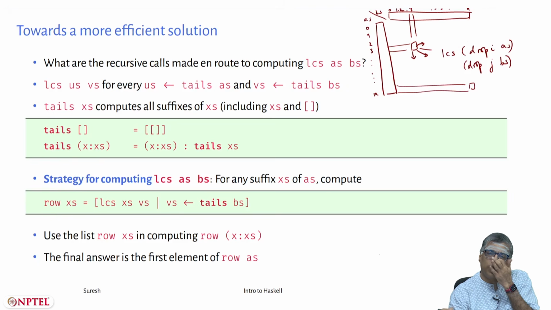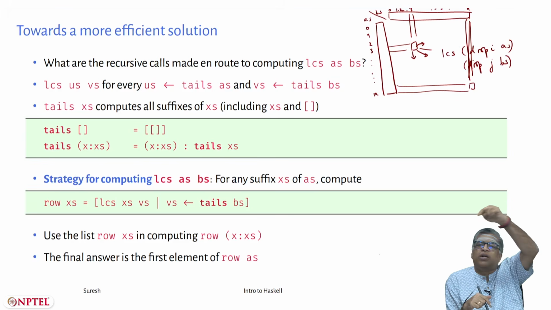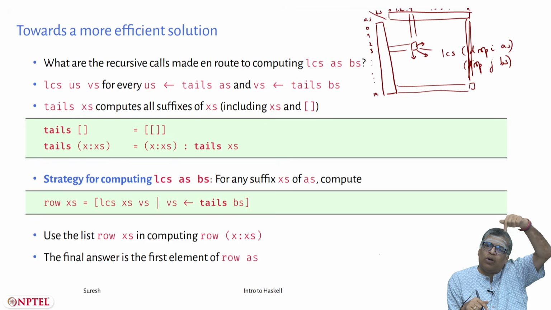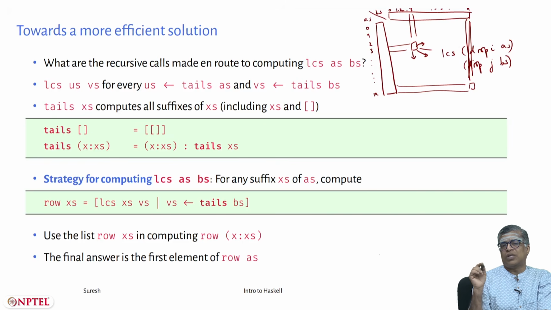It should be easy to fill the bottommost row and the rightmost column, and then once I have these two, I can fill in the others, because any entry depends on the entry to its right, below it, and diagonally below. So this is the idea. You want to fill it up in a systematic manner.